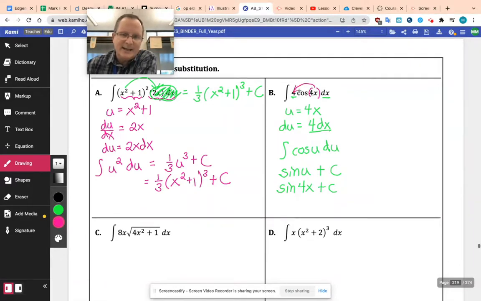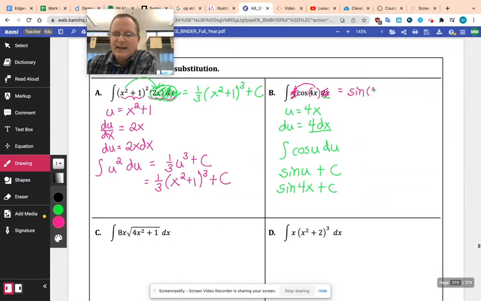Well, it did. We have a 4 sitting right there. So what happens? The 4 and the dx both disappear when you're doing the antiderivative. The 4 was there. We're just so glad it's there. And because it was there, the chain rule happened. And so then I can just completely go backwards and say this had to be the sine of 4x.